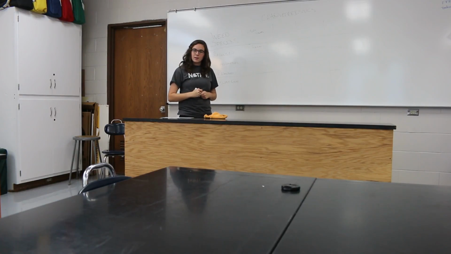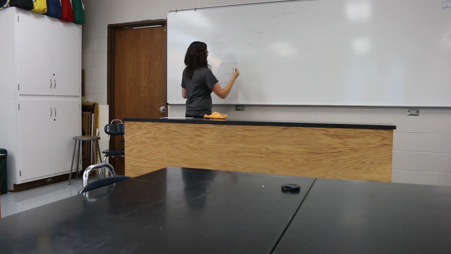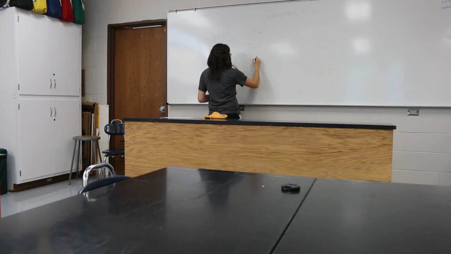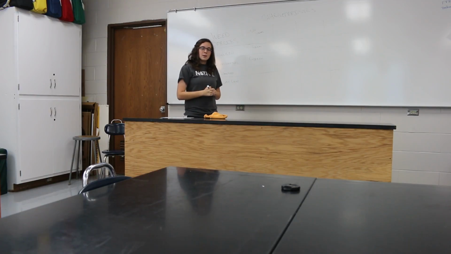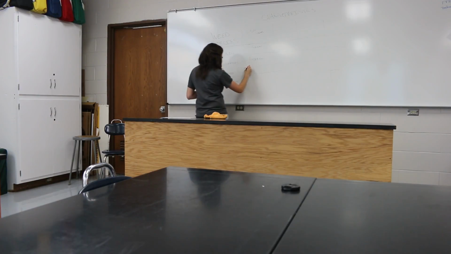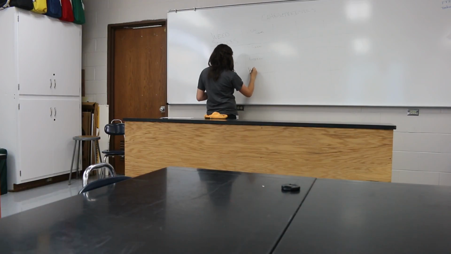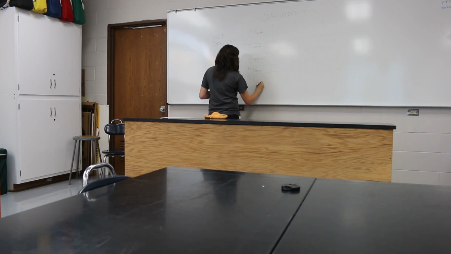Lamb's quarters is green. It's kind of like a neutral green color, I would say. Pigweed is dark green. And then last but not least, velvet leaf. Light green. All right.